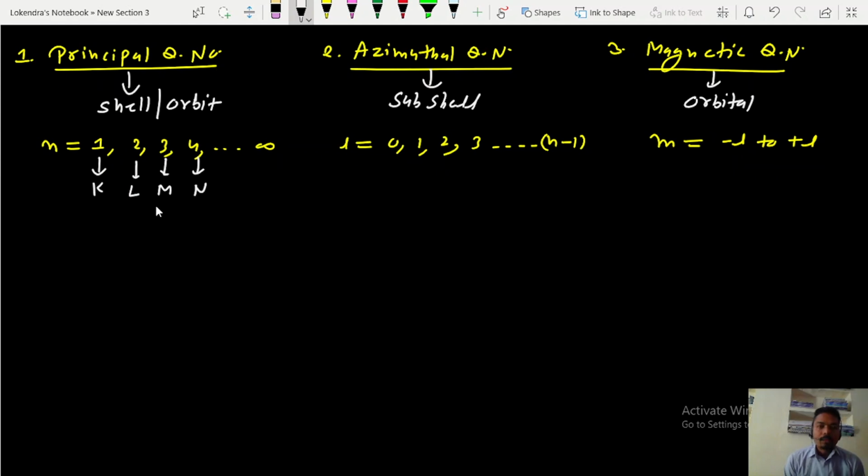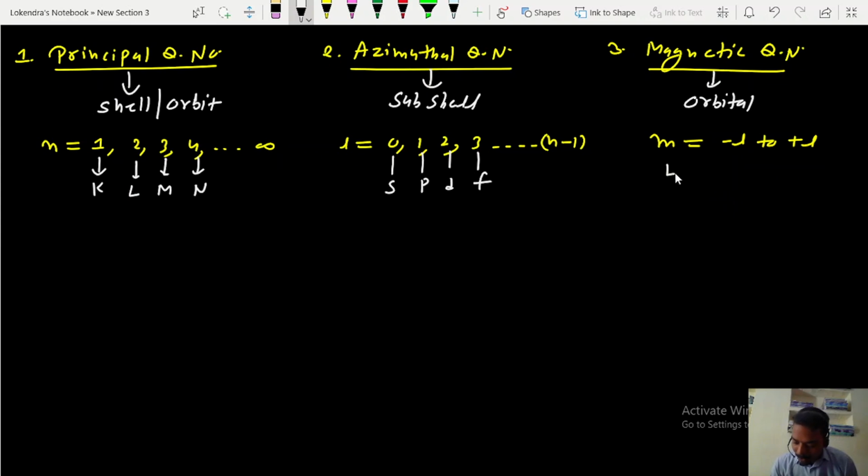For the principal quantum number we have the notations K, L, M, and O. Like that we also have notations for azimuthal quantum numbers, and these subshells can be represented like this: 0 is represented by s, 1 is represented by p, 2 is represented by d, and 3 is represented by f. As spdf, we know that we have subshells.